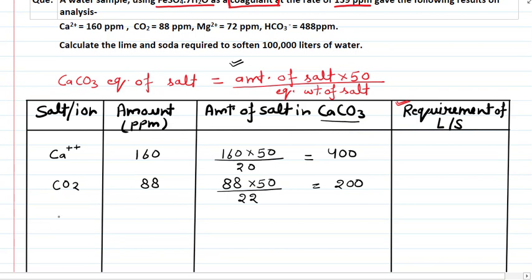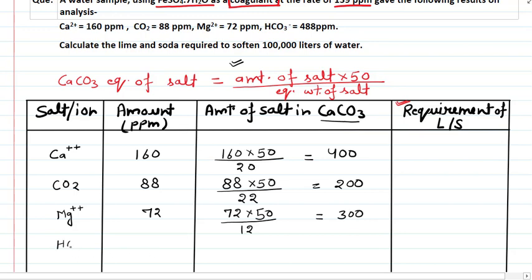Now the next ion which is given is magnesium ion, Mg2+. The amount of magnesium ion given is 72. So 72 multiplied by 50 divided by the equivalent weight of magnesium ion, which is 12, and after calculation we get 300.